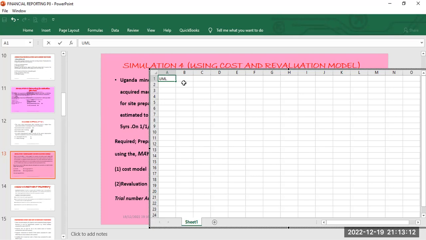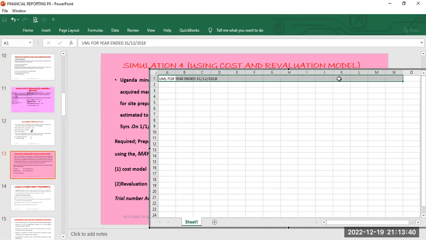So it's UML, but for the year ended 31st December 2018. That's basically what we can get from that.